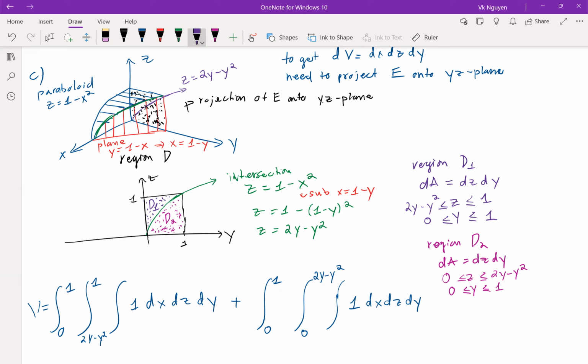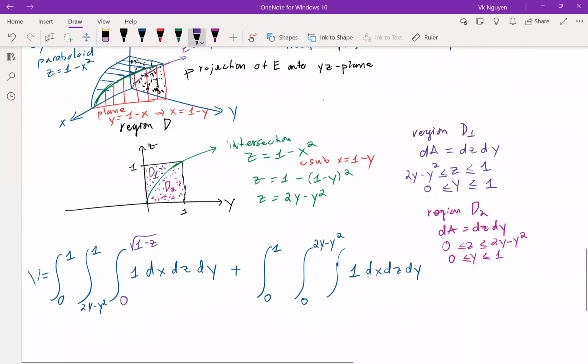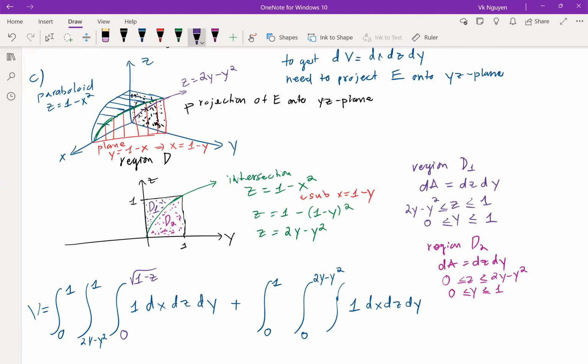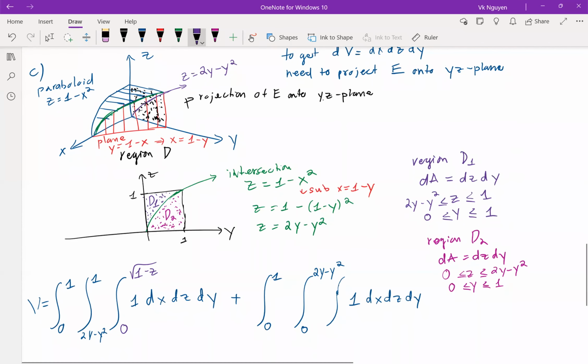In D1, x goes from 0 to the paraboloid. And then for region D2, x goes from 0 to whatever the red plane is, so x equals 1 minus y. Okay, and this finishes the setup, guys.